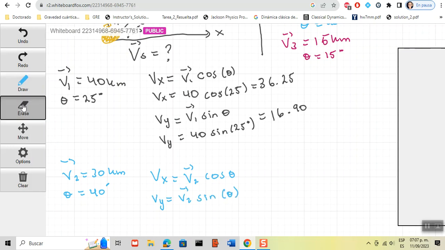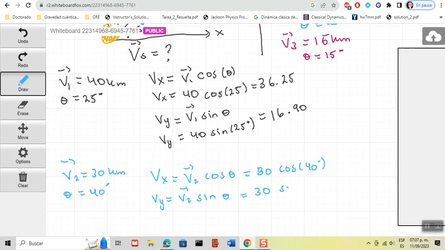So I'm just going to stick to one way of writing this. We're going to substitute the data, so we have 30 times the cosine of 40 degrees, and then 30 times the sine of 40, right? Am I doing this right? So yeah, we're doing it right.